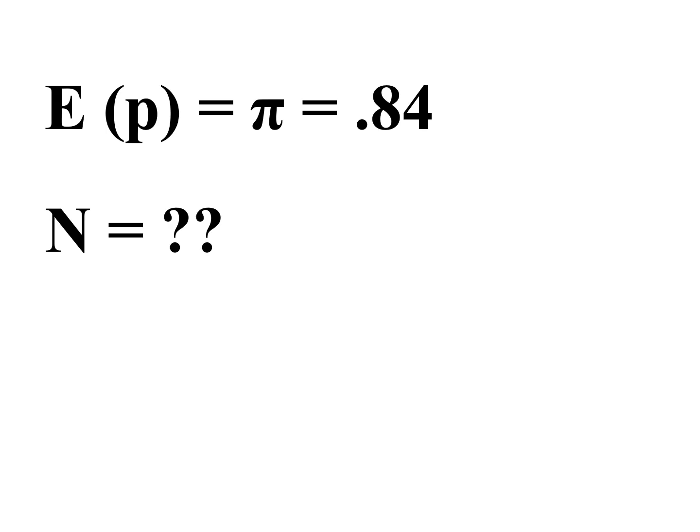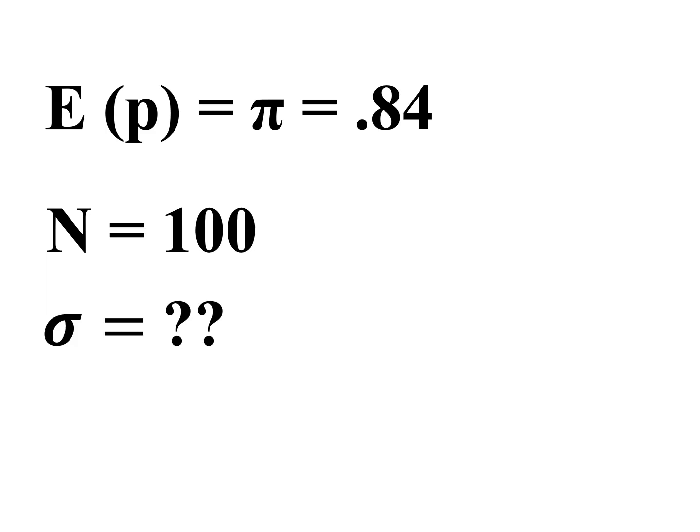What about N? N is the number of individuals in each sample, and we mentioned that each sample contained 100 individuals, so N is equal to 100. Now we need the standard deviation of the population.